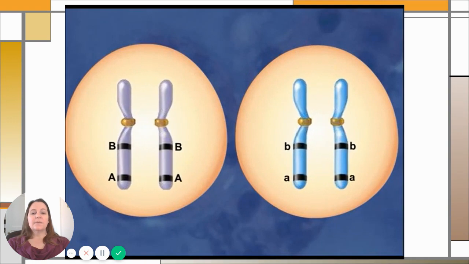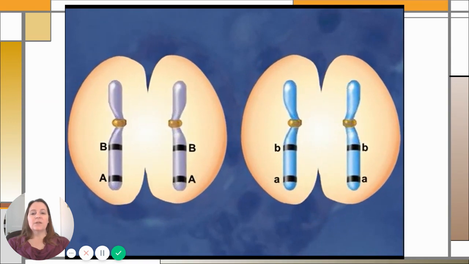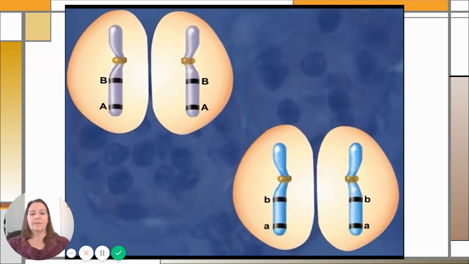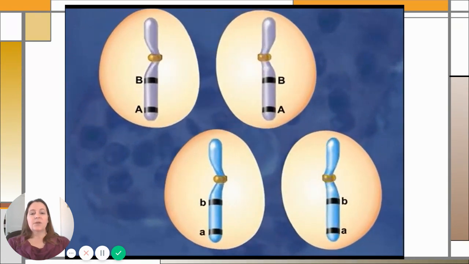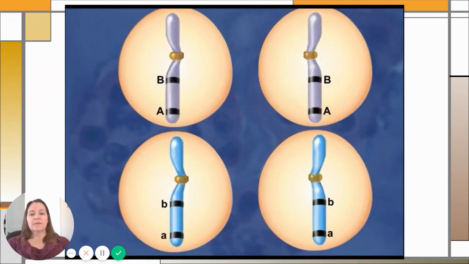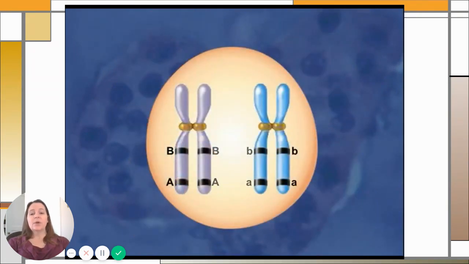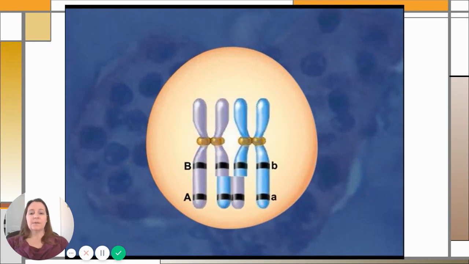So this is meiosis 1, and then here's meiosis 2. So you end up with 4 sperm cells. Some of them got the mom chromosome, some of them got the dad chromosome. Here's crossing over.